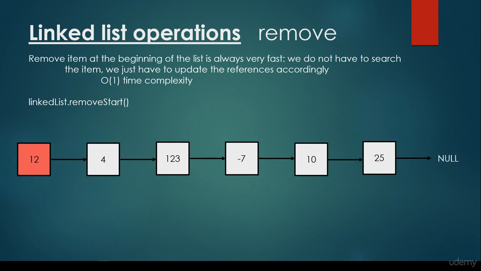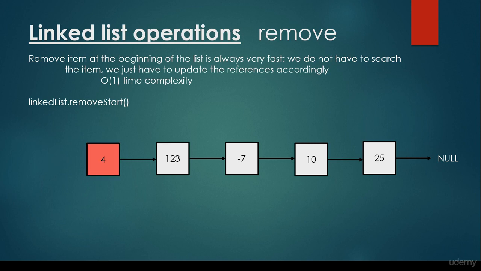Okay, so we have the linked list with items 12, 4, 123, -7, 10, and 25. And we would like to remove the first item, basically the root of the linked list. We just have to remove it, and basically in Java, for example, we just have to set it to null.